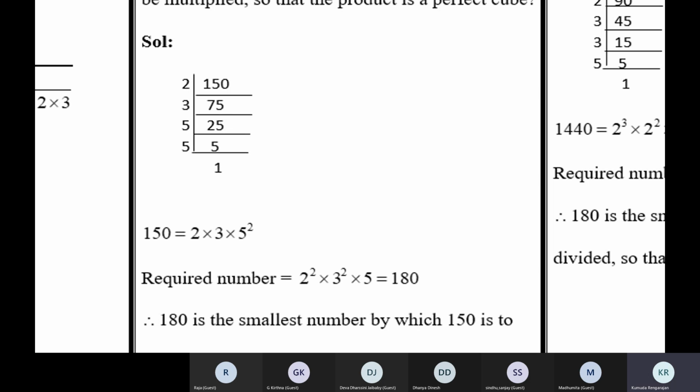Cube root of 27 is 3. Cube root of 1,000 is 10. So 3 into 10, 30.